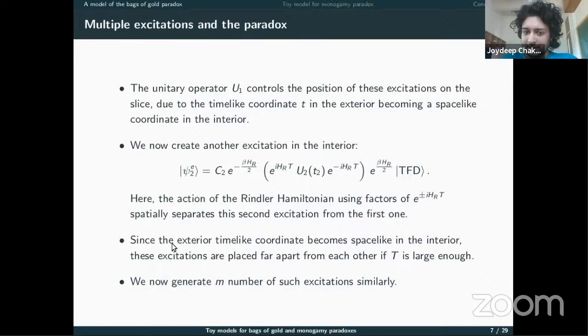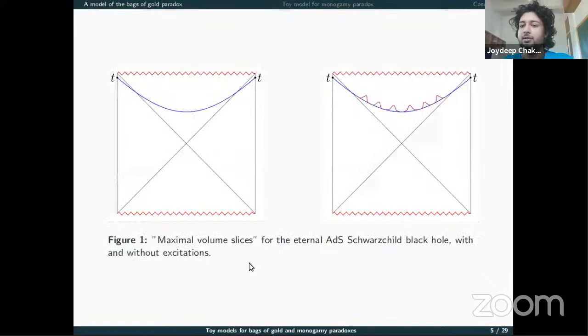Since the exterior time-like coordinate becomes space-like in the interior, these excitations are placed far apart from each other if t is large enough. We can generate m such excitations similarly and arrive at this picture of m excitations in the interior.